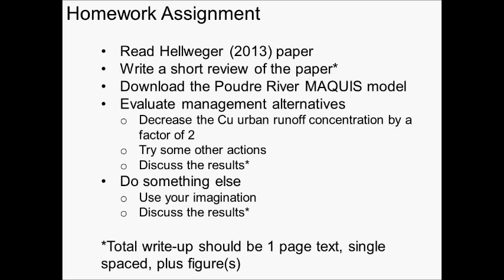And you may try some other management actions that are designed to reduce the antibiotic resistance in the river. You will discuss your results, and then I think it'll be interesting if you try something else. Use your imagination. Make some change in the model to understand what's happening to the antibiotic resistance in this river, and then discuss those results.